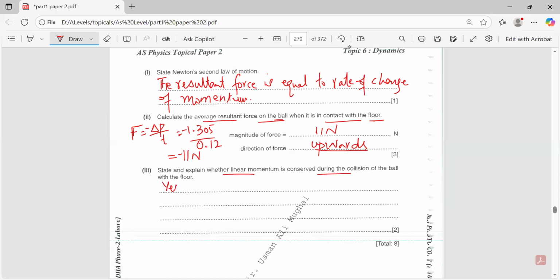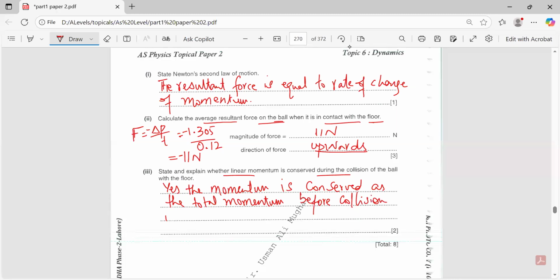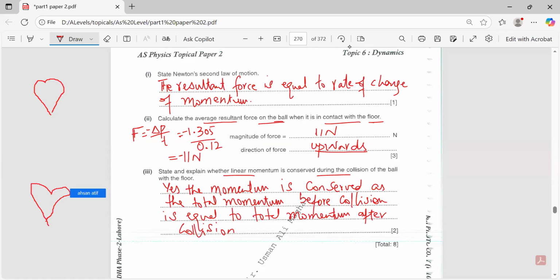So you are going to say yes, the momentum is conserved as the total momentum before collision is equal to total momentum after collision.